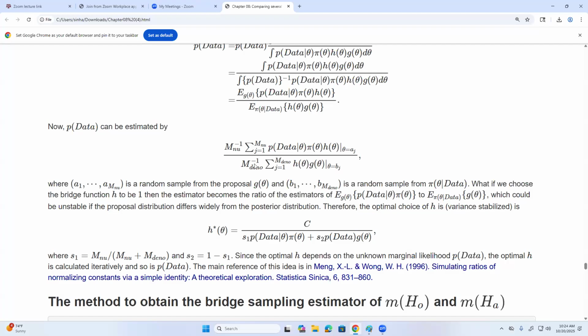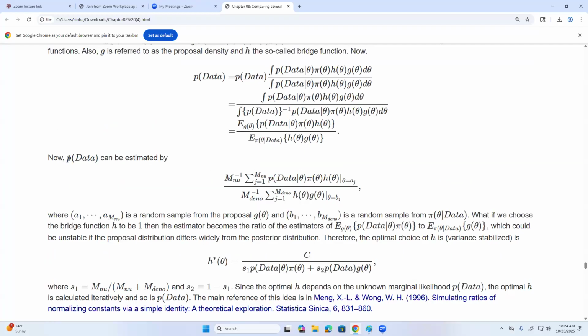So look at this. For the bridge sampling estimation of this marginal likelihood P(data), we are doing two samplings. One sample is from the proposal distribution. Okay, so here the numerator is calculated based on the Monte Carlo sample from the proposal distribution G, and the denominator is based on another sample from the posterior distribution.